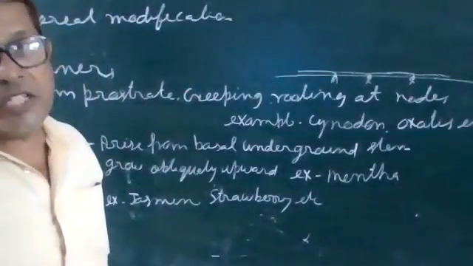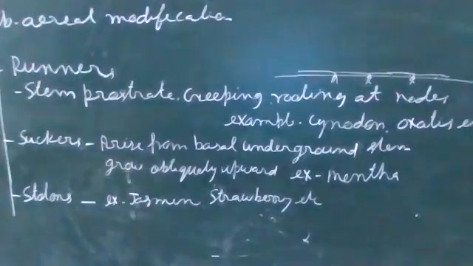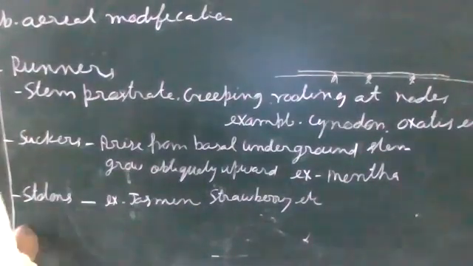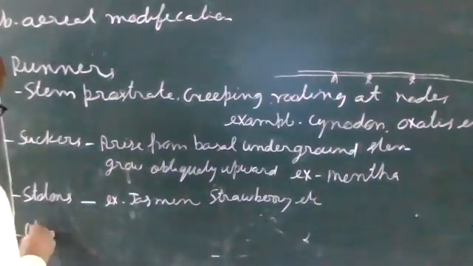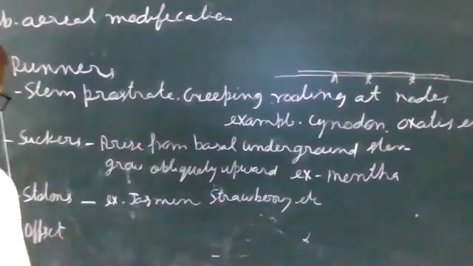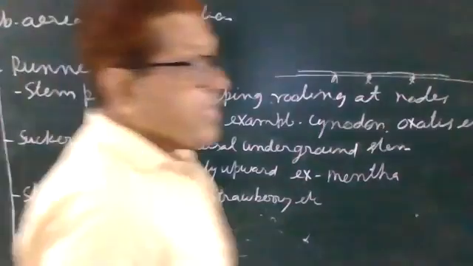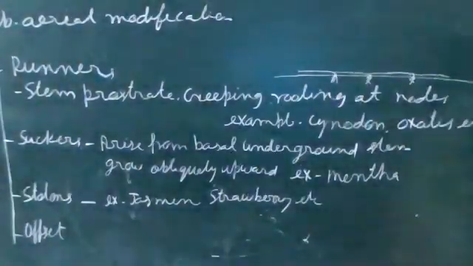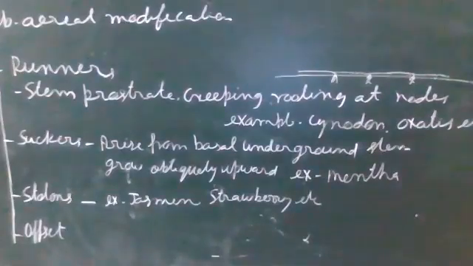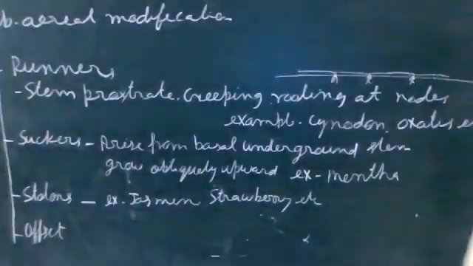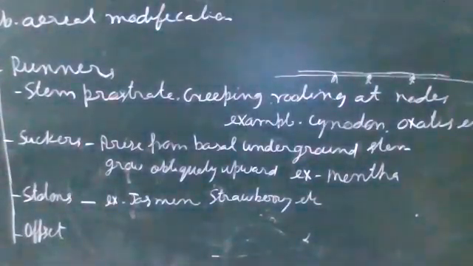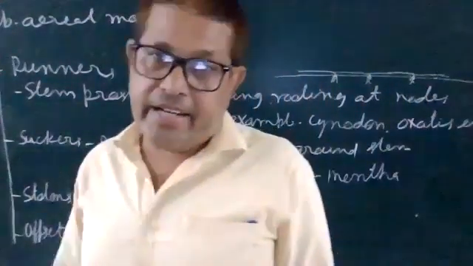Next is offset. It is commonly called side runners or condensed runner.